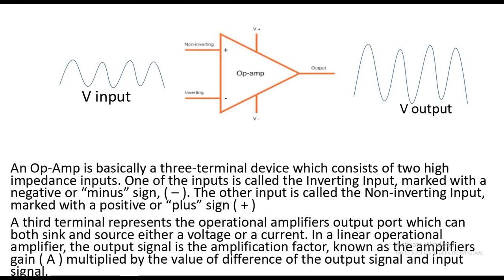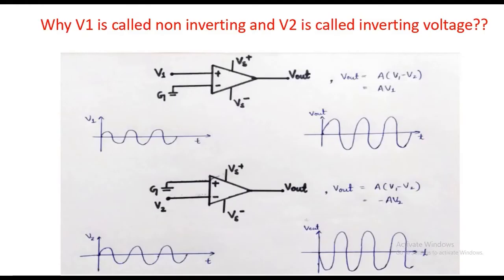So here as we can see, basically op-amps have three terminals. One is non-inverting, one is inverting and the other is output. Why they are called inverting and non-inverting, we can see from the figure. If we ground the second terminal, the V output we get is in phase with V1. Here V out is amplified but the phase is the same.